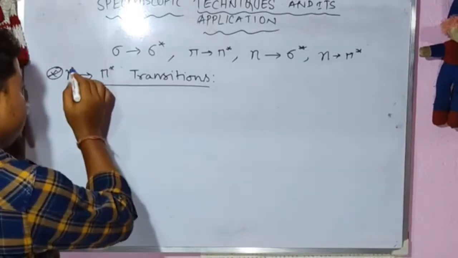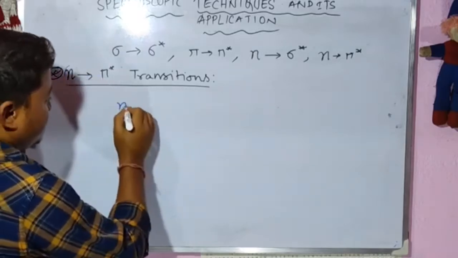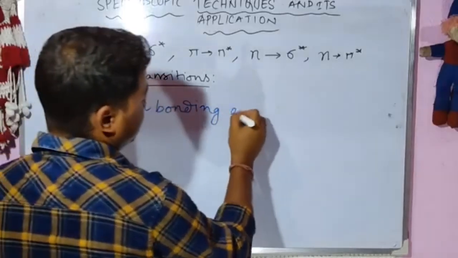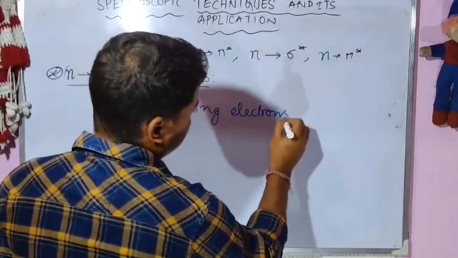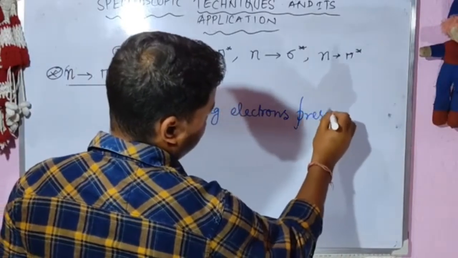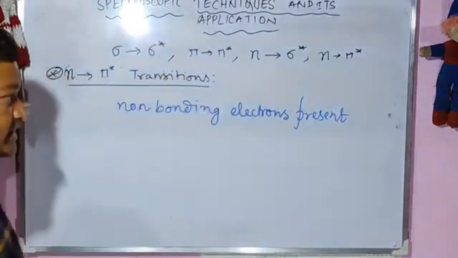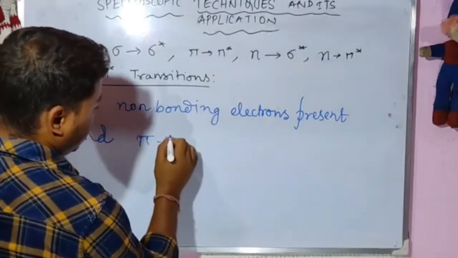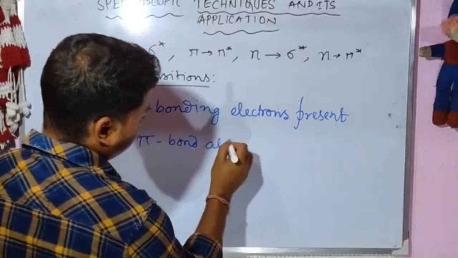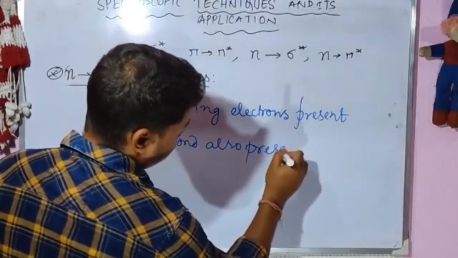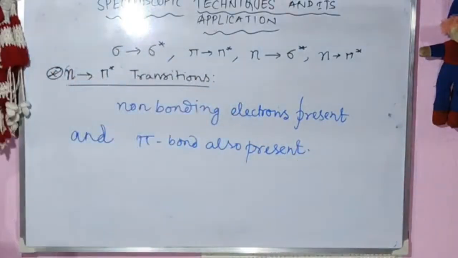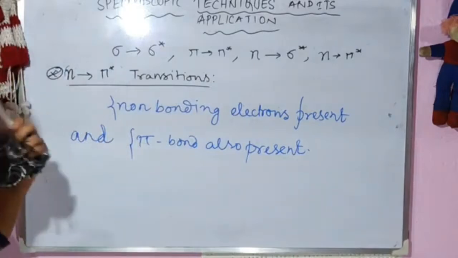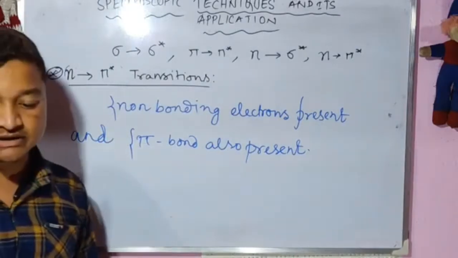That is, non-bonding electrons are present, and a pi bond is also present. So non-bonding electrons present and pi bond also present. These molecules show n to pi star transitions. Okay.